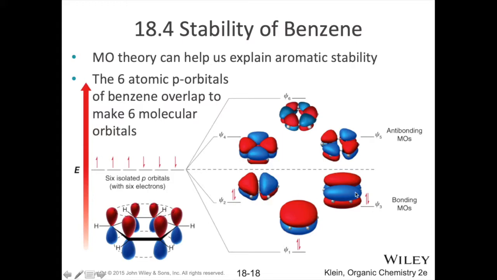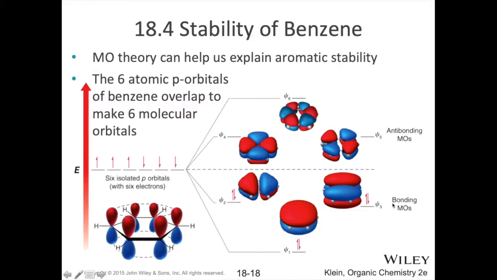Over here, it's possible to have one node, but in 2 different directions. So here we have a node going down the middle, and here we have a node going down the middle. It's just different middles, or different directions. So both of these molecular orbitals are what we call degenerate. They're the same energy.